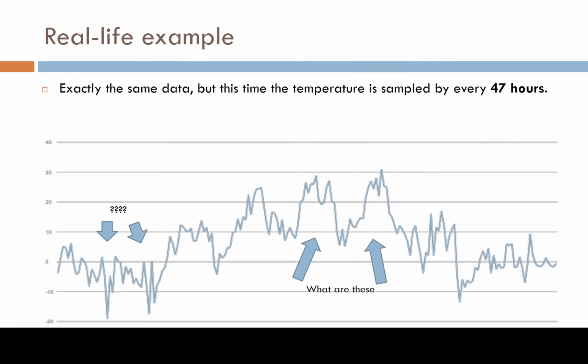Okay, same data. Temperature sample is 47 hours. See my point. There are anomalies that really cannot be explained here. How come you barely can see the annual variation? Summer and winter, well, there's a small change, but there's more weekly variation of temperature.